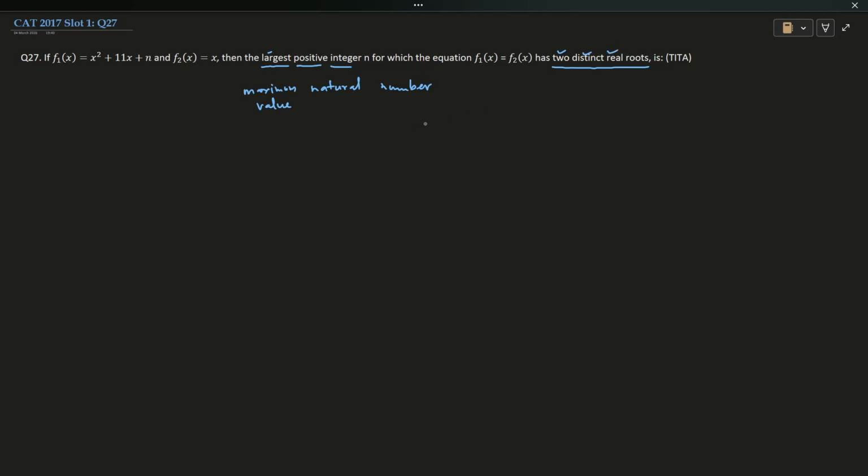Okay, so this is a question from quadratic equations. So let's start. We are told that f1 of x equals x square plus 11x plus n, f2 of x is given as x, and we are told that f1x equal to f2x has two distinct real roots.